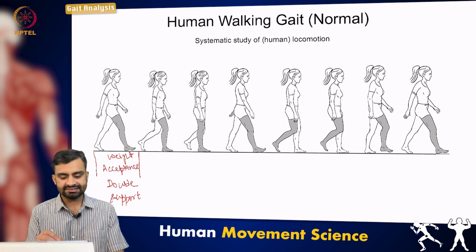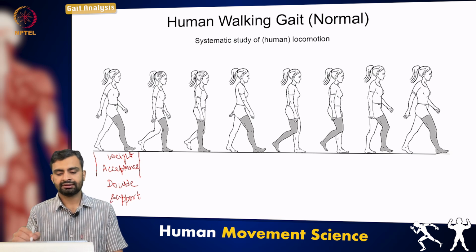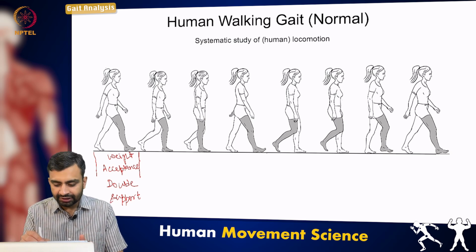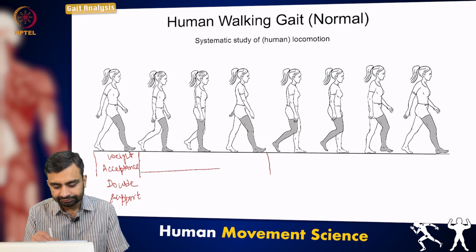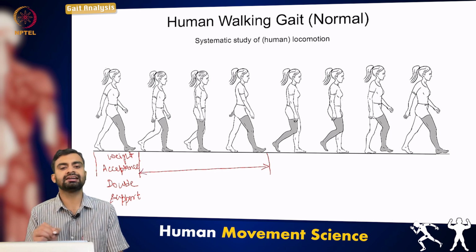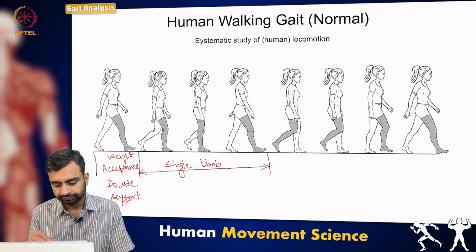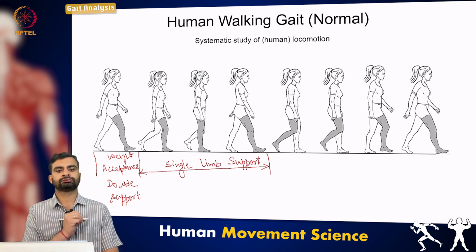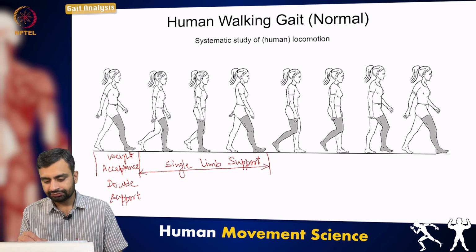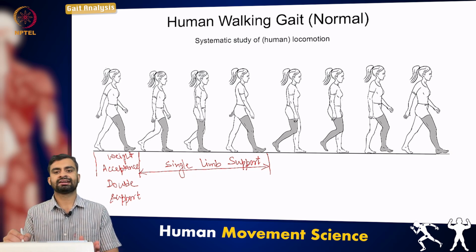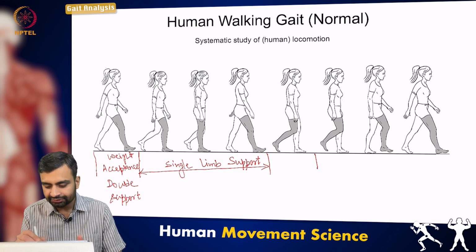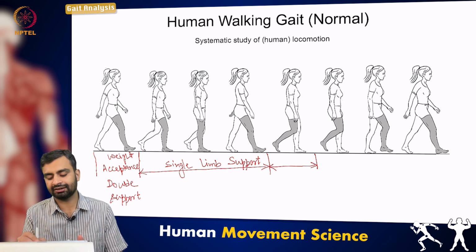Next, from here till this point we have single limb support. And then from this point onwards till this point we have the second double support.